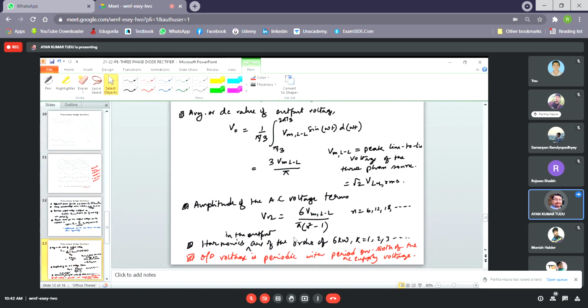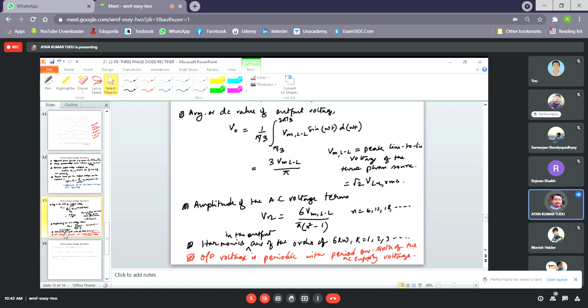I am again repeating: the advantage of the three-phase rectifier over the single-phase rectifier is that the output is inherently like a DC voltage, and the high frequency, low amplitude harmonics enable filters to be effective.